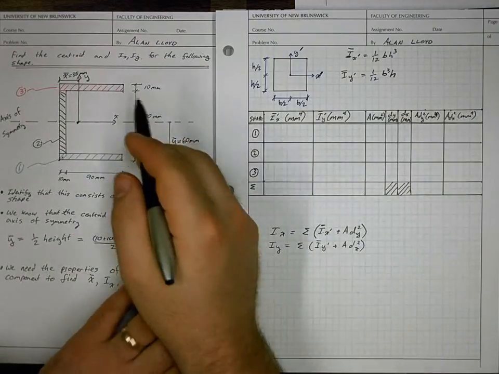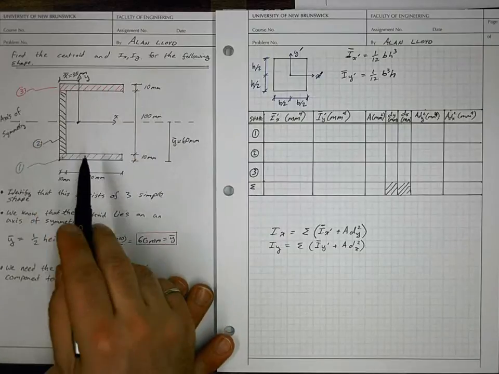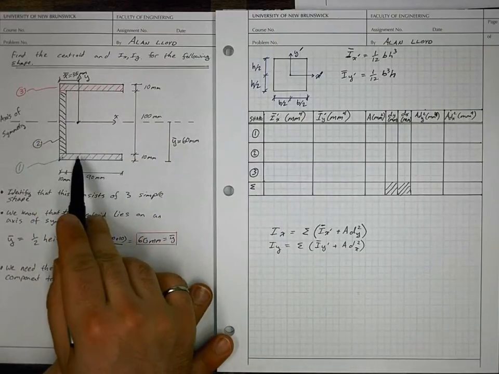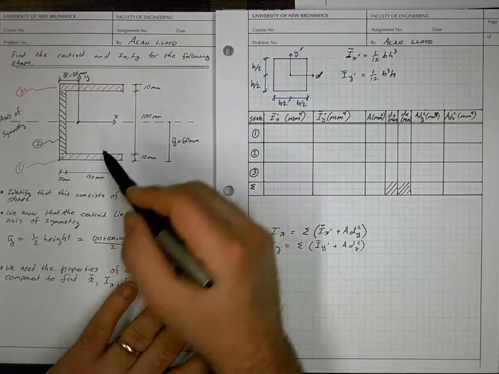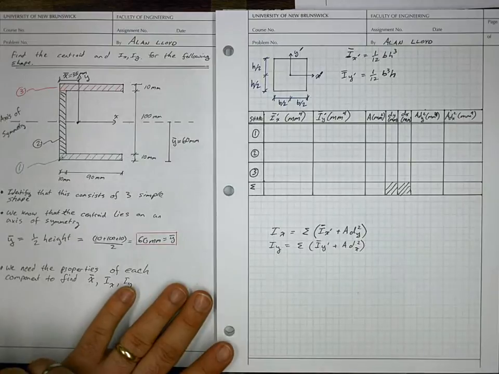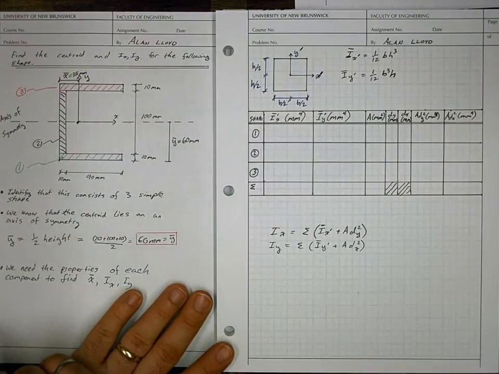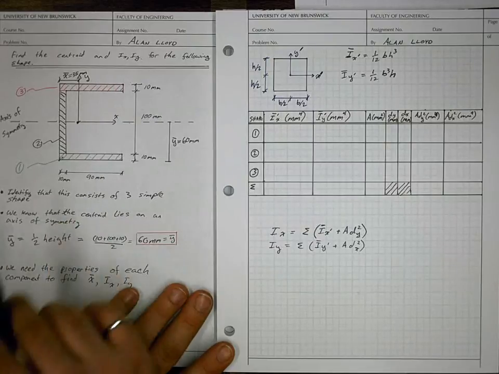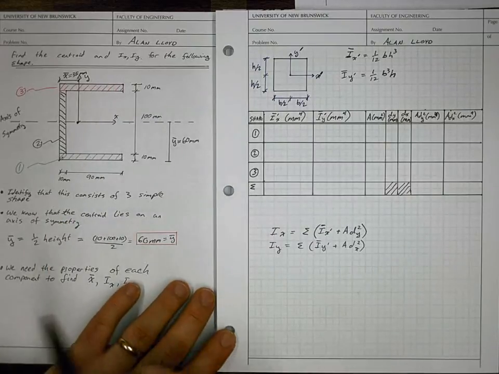So if we looked at this top or this bottom piece, it doesn't matter, we'd have a centroidal axis passing through the mid-height of this bottom section, and the distance between that axis and the axes of the entire section would be dy. That would be used in the calculation of component 1 parallel axis theorem.